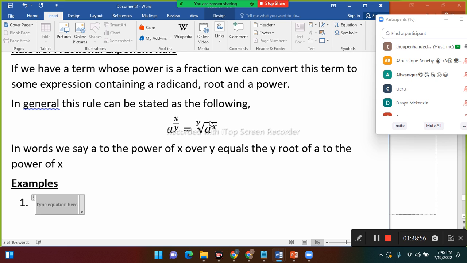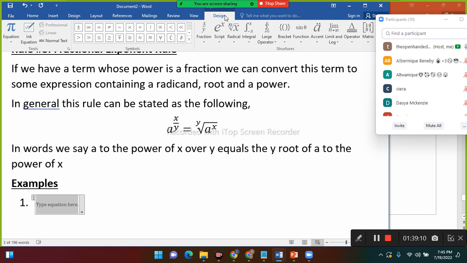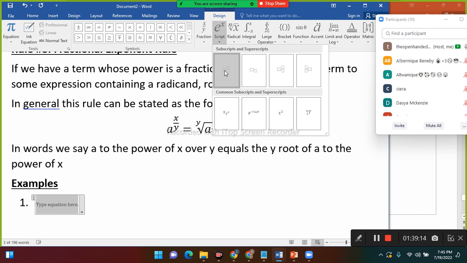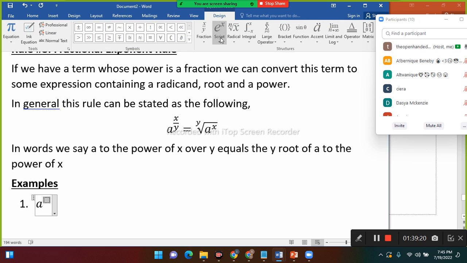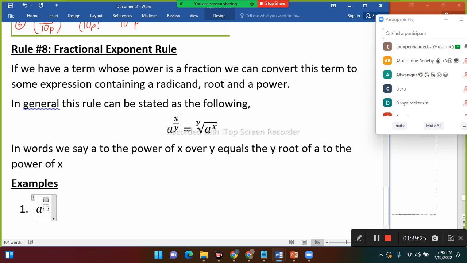And vice versa. So if we have a radicand expression, we can turn it into a term with a fractional exponent. Let's say I have a to the power of m over n.